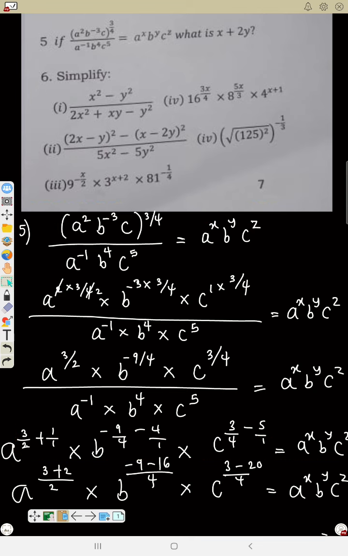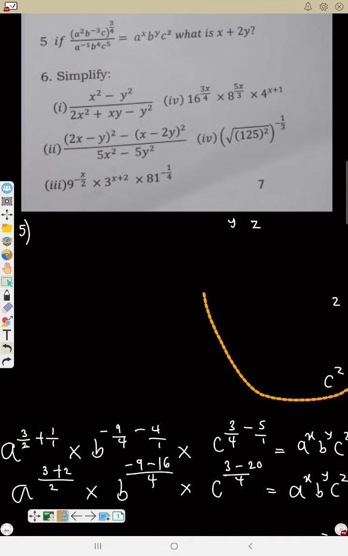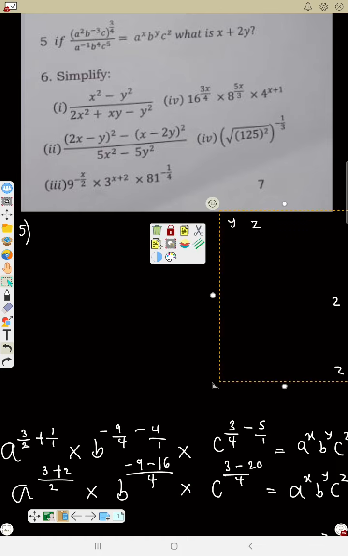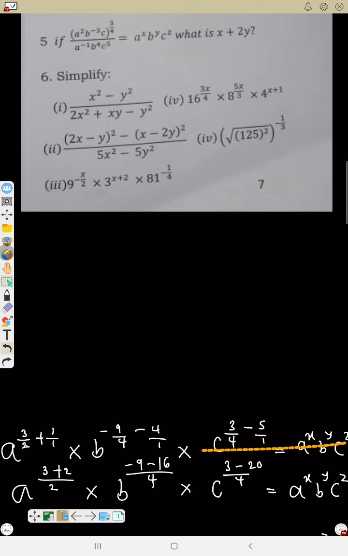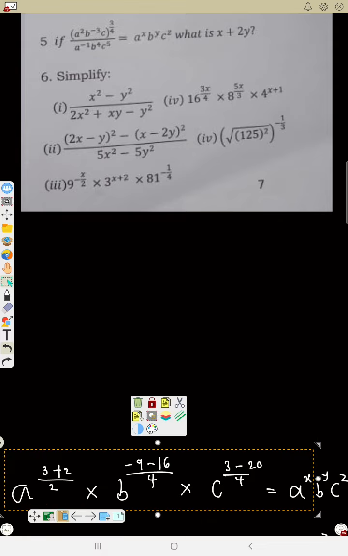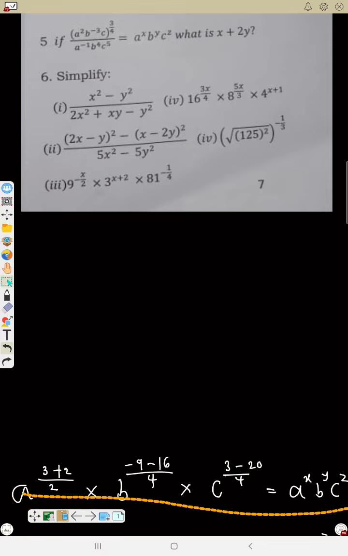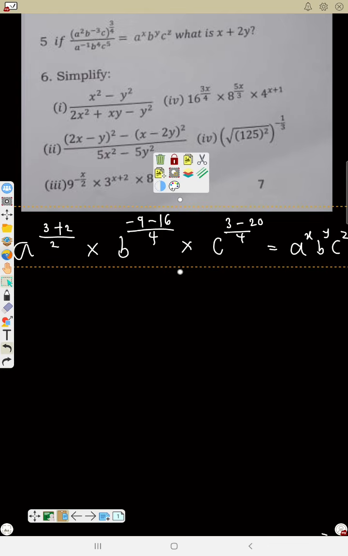So let me cut this. So let's continue from here.